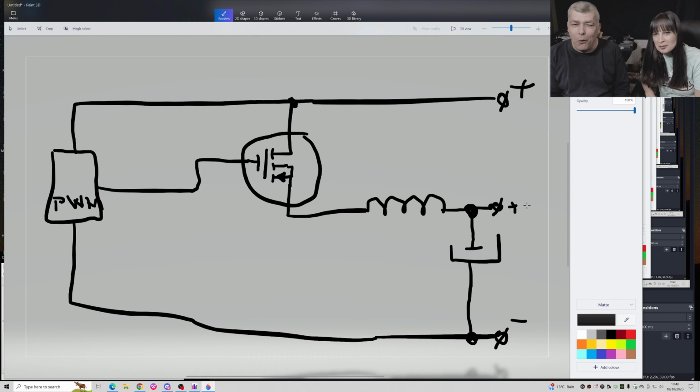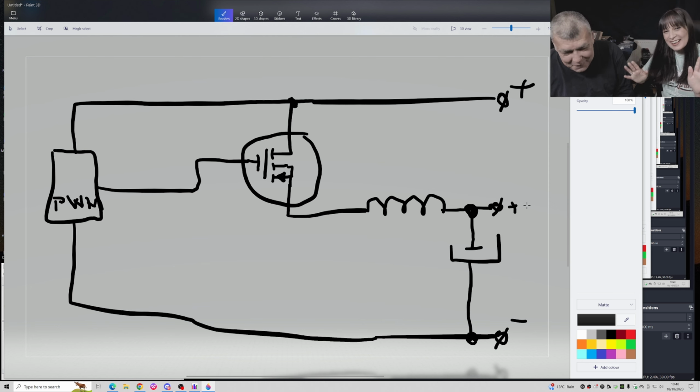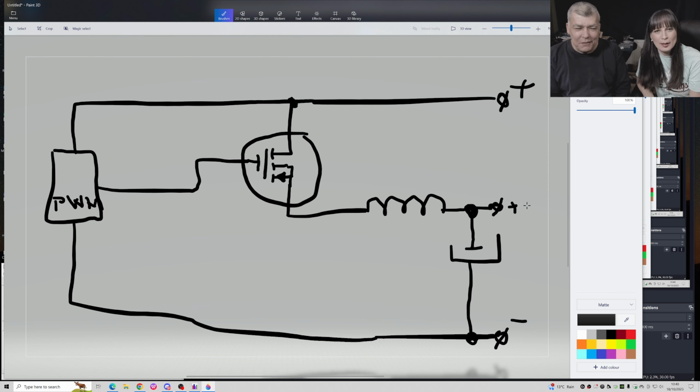No. Okay, why not? It must be something. You understand, just by adjusting the duty cycle on this transistor, here you'll have voltage from 0 to 12 volts, depending on the duty cycle.